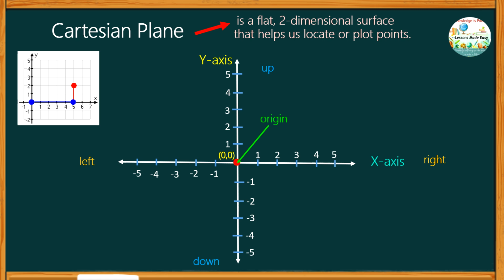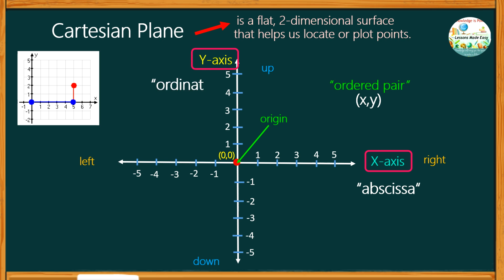The Cartesian plane helps us describe the exact location of points using ordered pairs, or the x and y coordinates, where the x coordinate is called the abscissa and the y coordinate is also known as the ordinate.